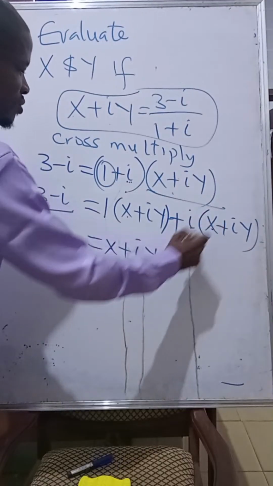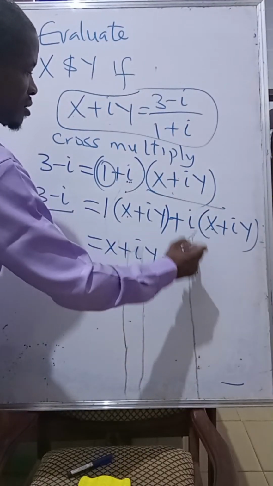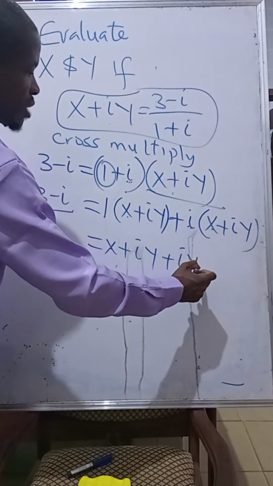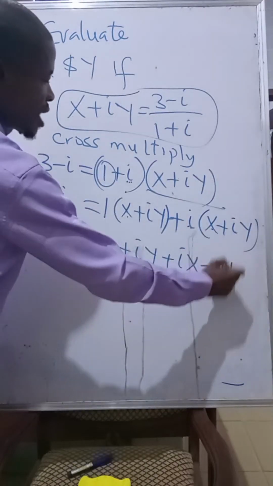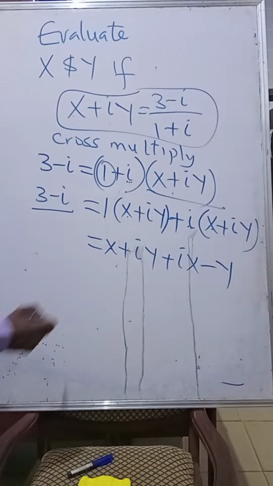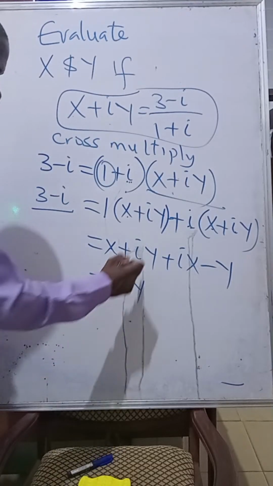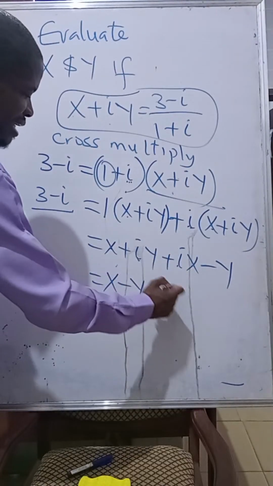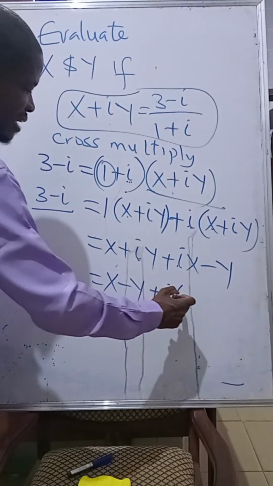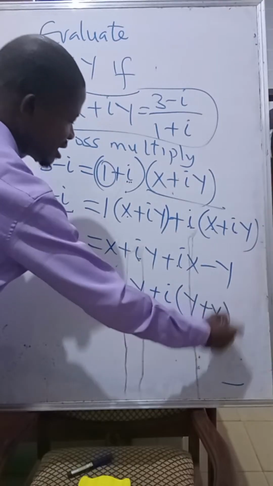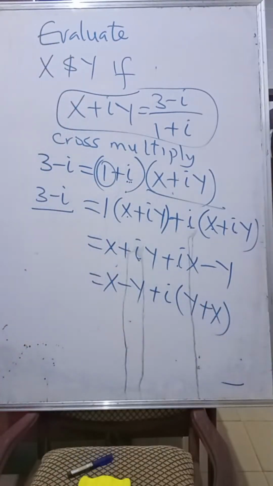Then this one times this one, that's ix. This one times this one, that's i squared, making minus y. So we can bring together the real parts, factorize the imaginary parts. That's i is common. So we have what? We have y plus x. Okay? So that's what we have there.